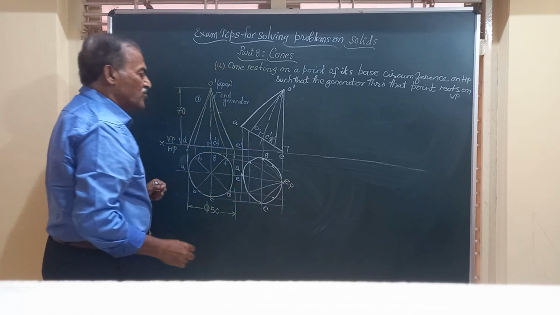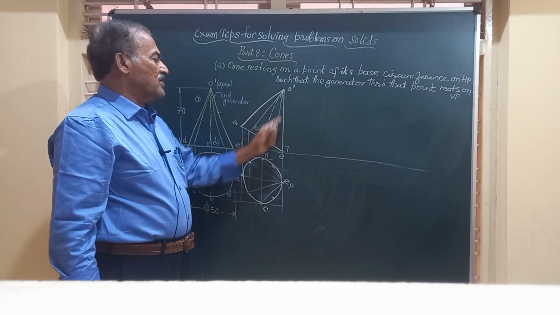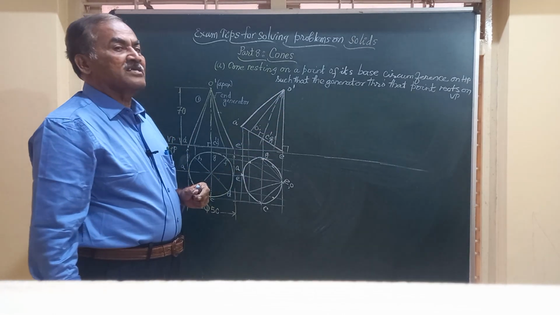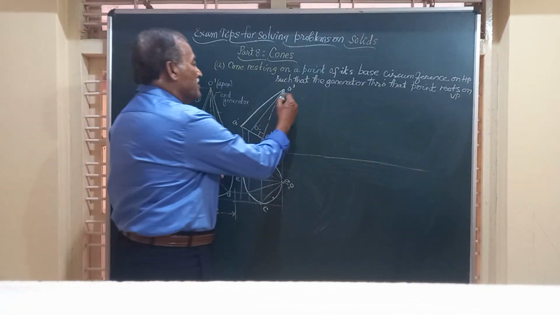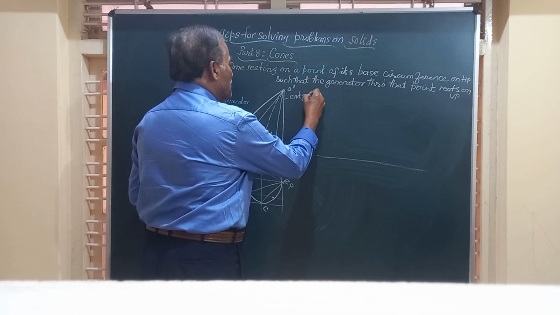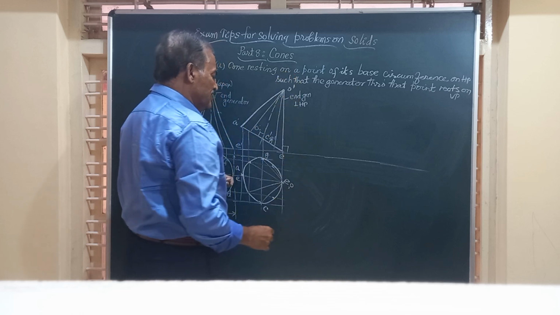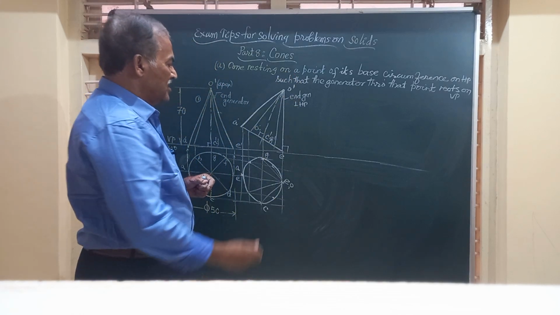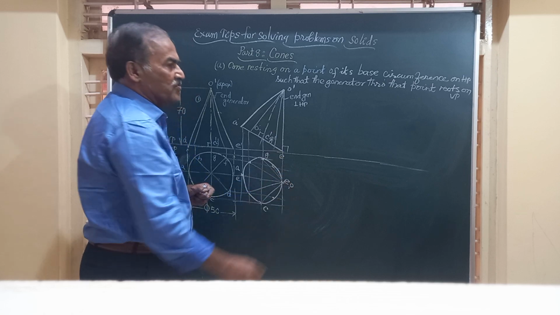So this is how the cone looks in the top view when one of the end generators is perpendicular to HP. I'll write here, end generator perpendicular to HP.